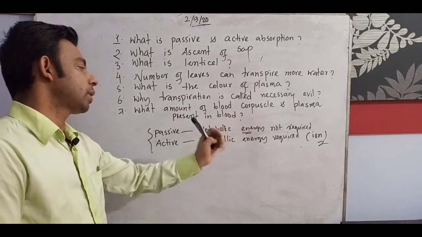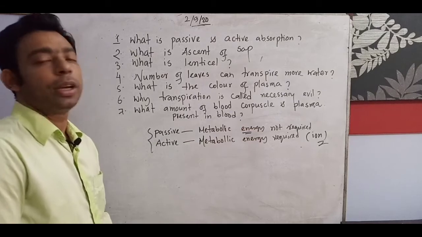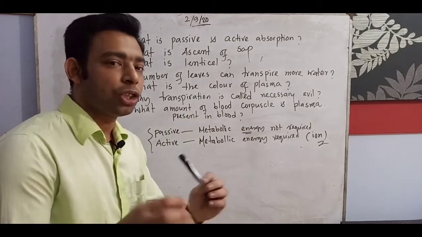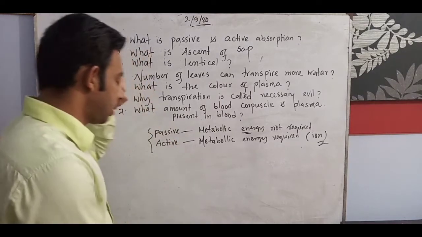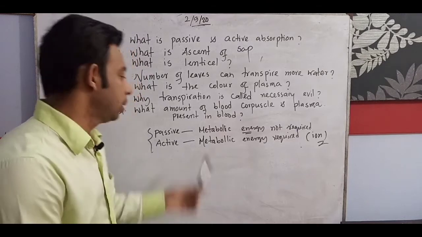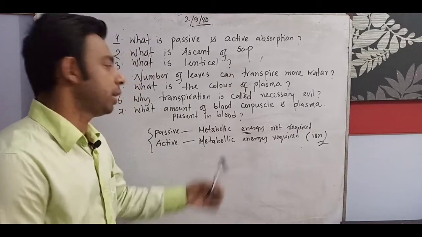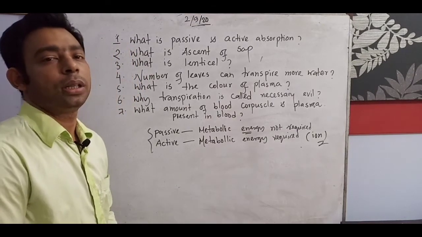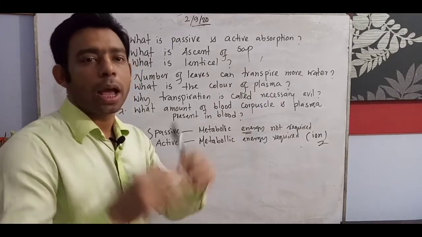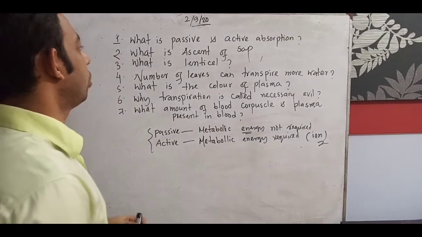Osmosis and diffusion can also occur where no metabolic energy is required, that is passive absorption. So the general concept: where no metabolic energy is required, it is passive absorption; where metabolic energy is required, especially when ions or minerals are absorbed by the root hair, it is active absorption. I hope you get this.